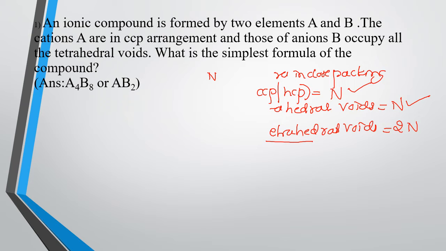The spheres that are close packed in the 3 dimensional ABC arrangement are A. So in CCP the atom A is present, and where is atom anion B? It occupies all the tetrahedral voids. In all the tetrahedral voids that are generated, atom B is present.